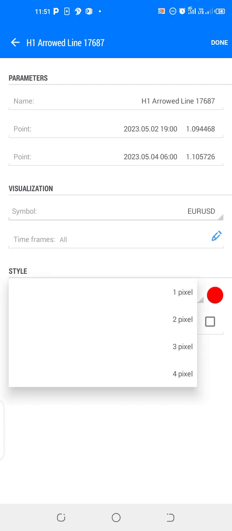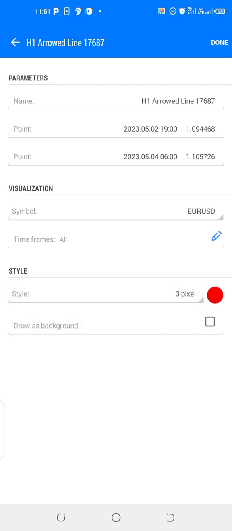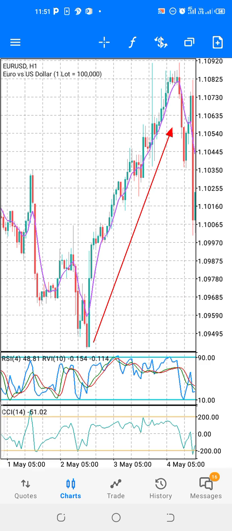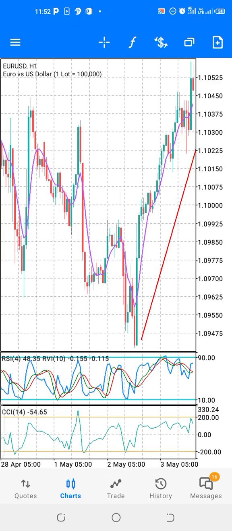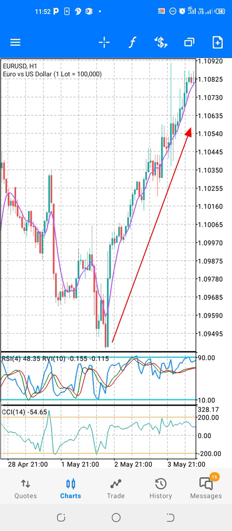Let me expound it so that you can see it clearly. These are up trade. As you can see, it moved from the bottom to the upper side. And for the up trade, it must break the previous low highs.